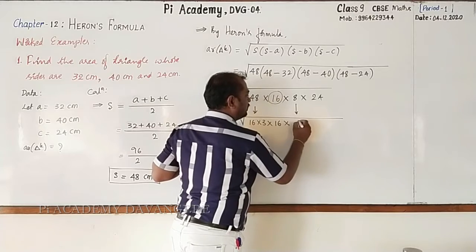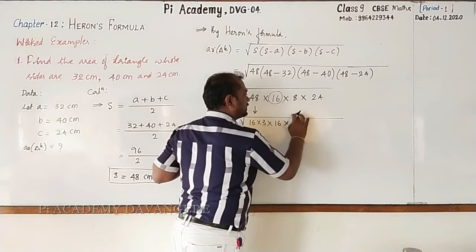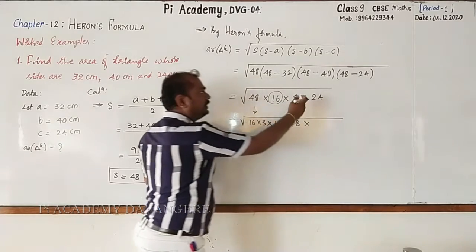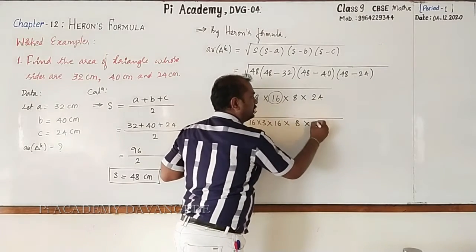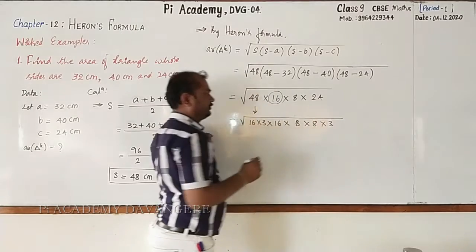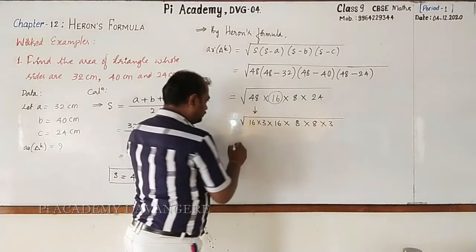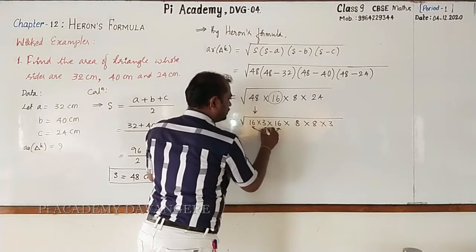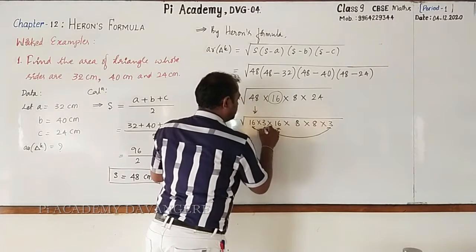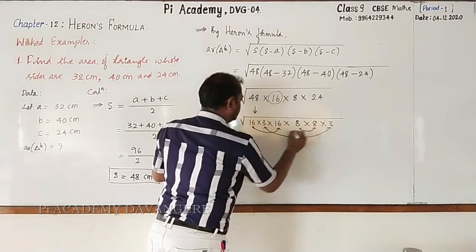Let us write 8 as it is. The reason is 24 is the multiple of 8. 8 how much is 24? 8 into 3 is 24. Followed. Now you can observe that here 16 and 16, 3 into 3, then 8 into 8.